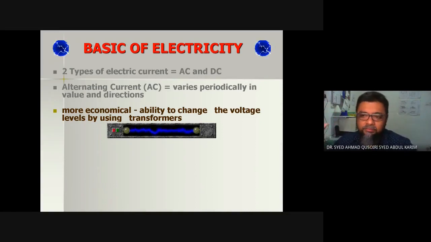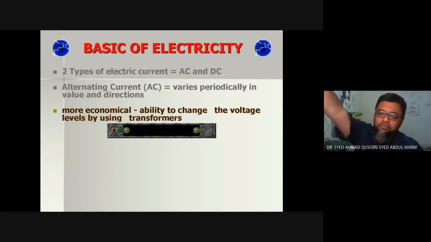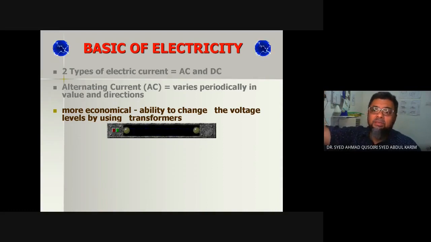This is exclusively for alternating current because when the alternating current has been produced, for it to be transferred over long distances, we need to boost up the voltage. We can only do that by using the step-up transformer.